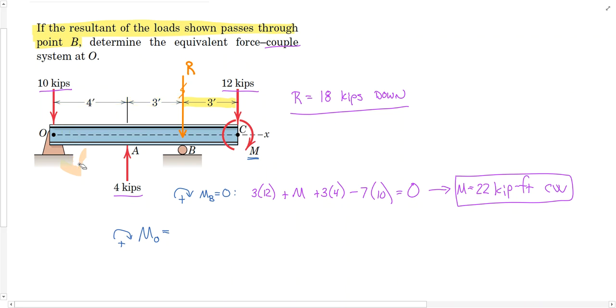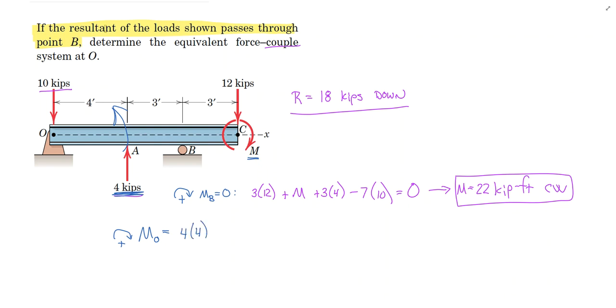So at point O, the 10 kip force will have no effect since it passes through. The 4 kip load is going to produce a counterclockwise moment around O. So we'll have 4 times 4. The moment arm is 4 feet for that load. The downward 12 kip force has a moment arm of 10 feet.